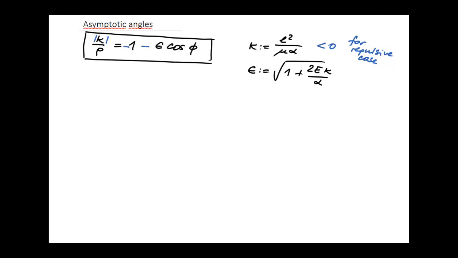Kappa is negative, but alpha is also negative, so the signs cancel out. And in the scattering regime, the energy E is larger than 0, and therefore epsilon is the square root of a quantity which is larger than 1, and hence epsilon is larger than 1. So this is for the scattering case.